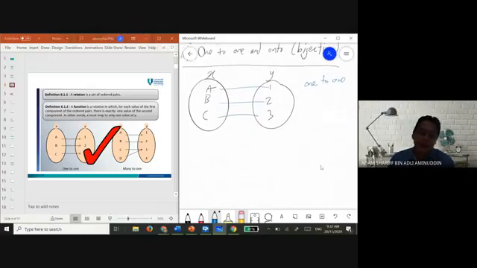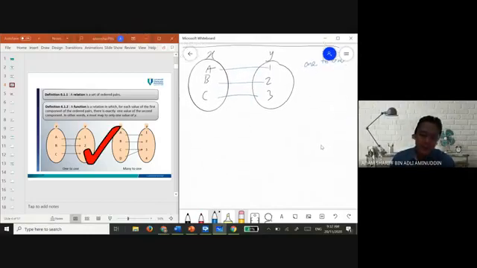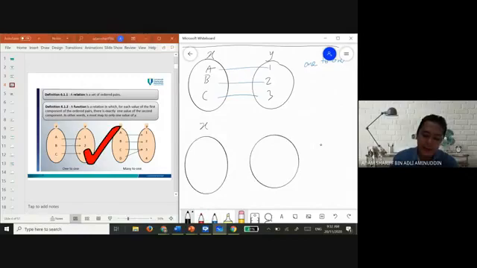So apakah definisi onto? Onto means dalam bahasa mudah dia, all elements in the codomain B is assigned.